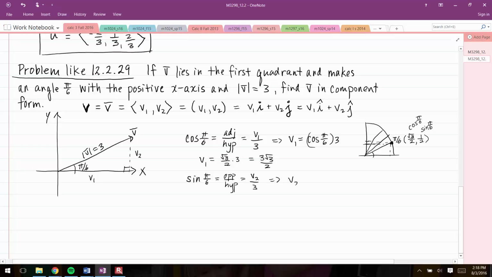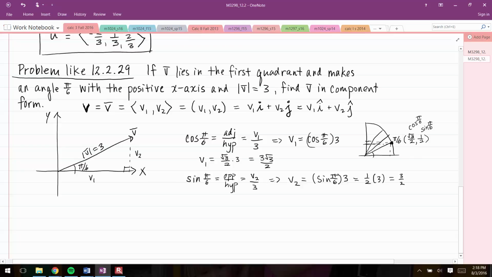Rearranging a bit, we solve for v sub 2, and we get that the sine of pi over 6 times 3 is what v sub 2 will be. Our in-depth discussion and review of the unit circle helped us answer that sine of pi over 6 is 1/2. So we plug that in, and we got it, 3/2.